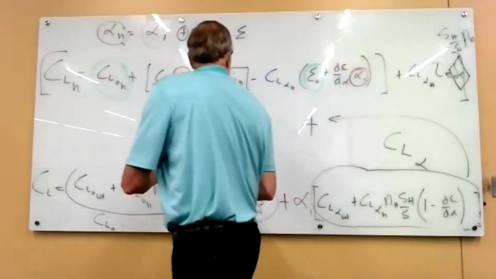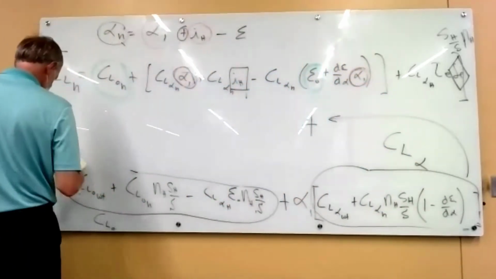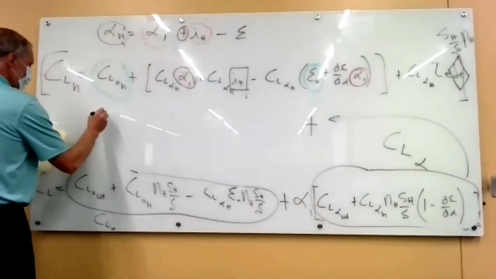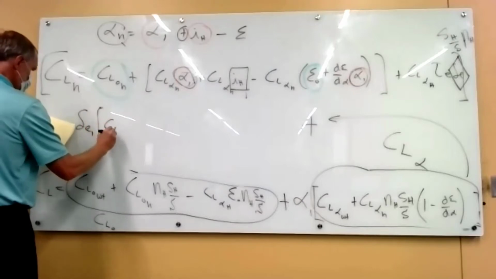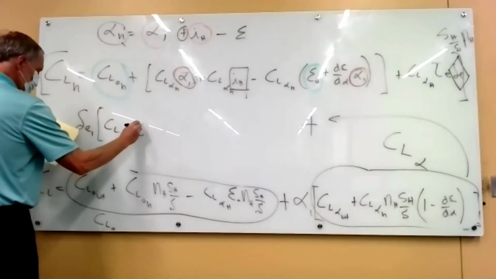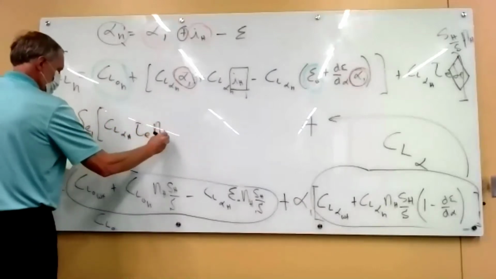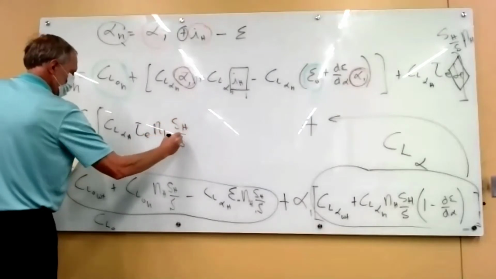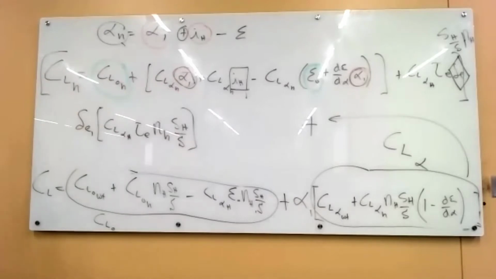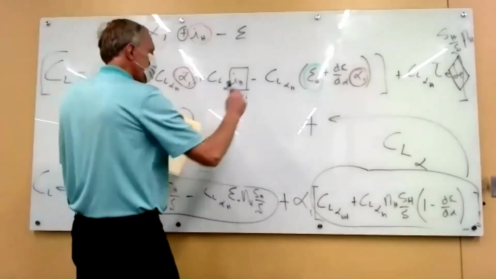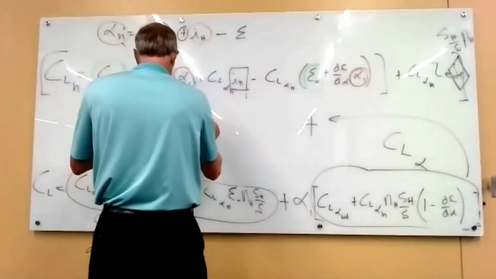So this is backwards math, but we're adding. Now we have a term that multiplies delta E. So that's the box term. And then the diamond, no, that's the diamond term, and then the box term is the next one.